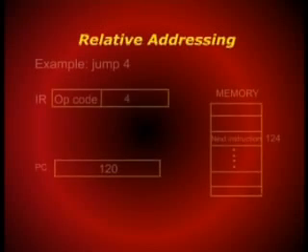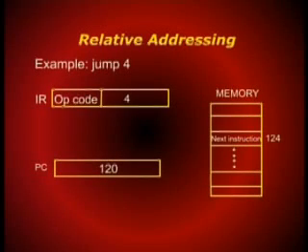Another example of addressing is the relative addressing, and that is given in this case just as a jump instruction. For example, we say jump 4, the opcode for the jump followed by 4, which means that the contents of the program counter register would be just updated.